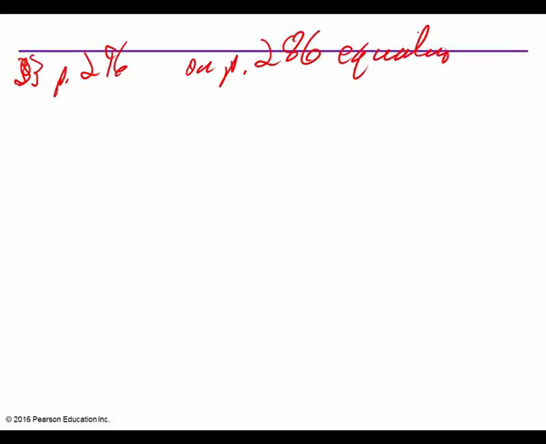This is number 33, page 296. If you look on page 286, you see the equations for moment of inertia.